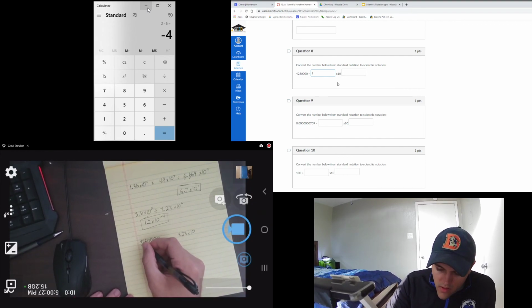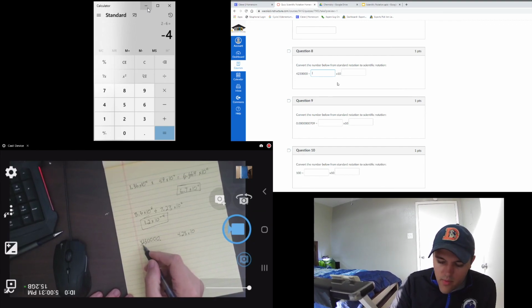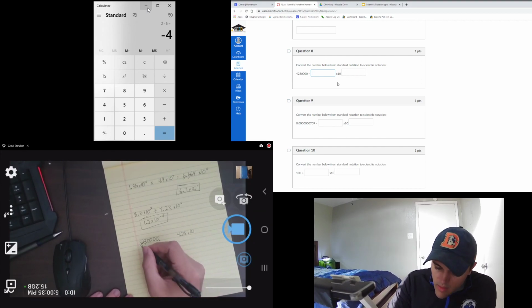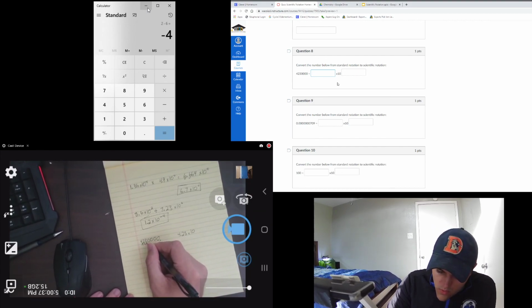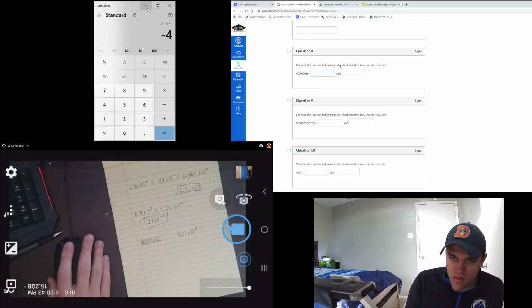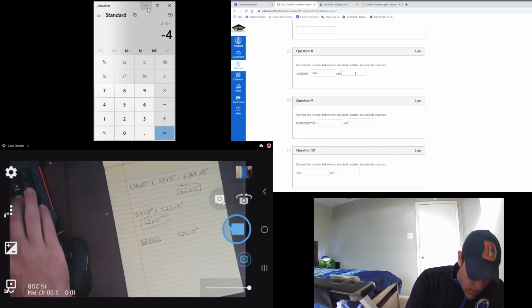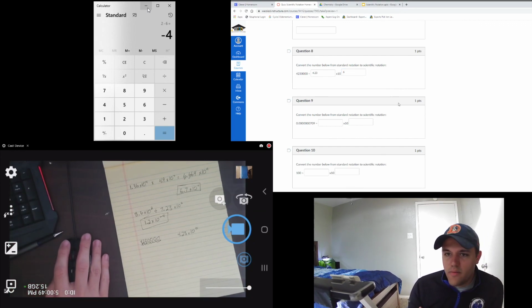And we need to figure out what that power is. That'll make us move our decimal point from where we've put it here after the 4 to where it originally was. So that's 1 jump, 2, 3, 4, 5, 6. So it's times 10 to the 6. So when you put that in, it should look like 4.23 times 10 to the 6th power.